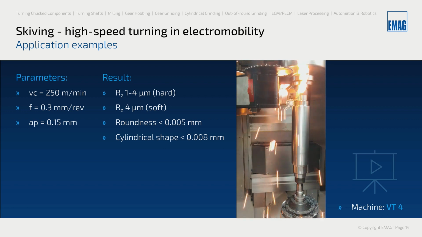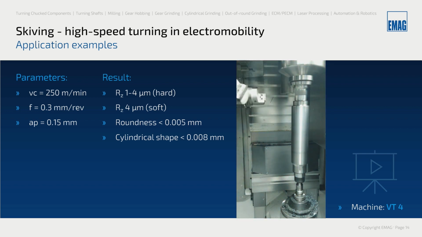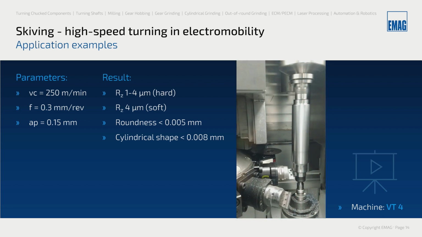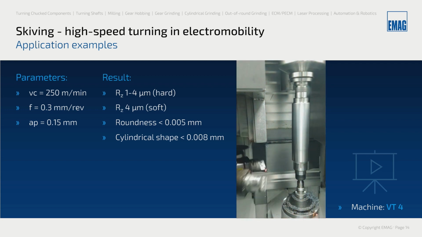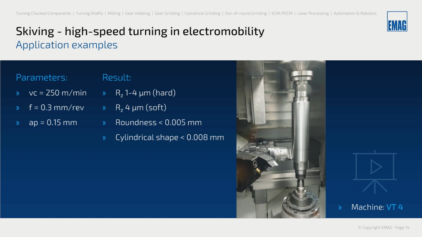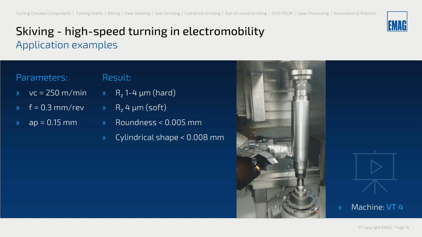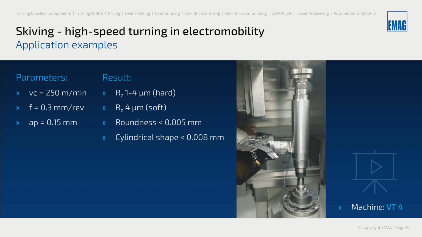You see the skiving of the first diameter, skiving of the second diameter, and then we do skiving soft in the middle area with RZ4. Roundness will be 5 microns, and the cylindrical shape at around about 8 microns.